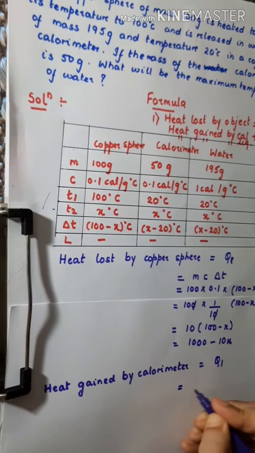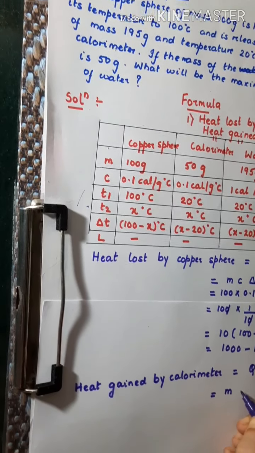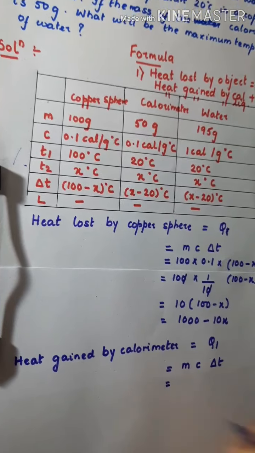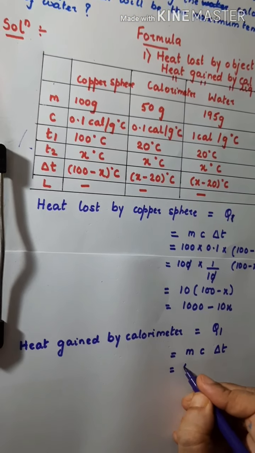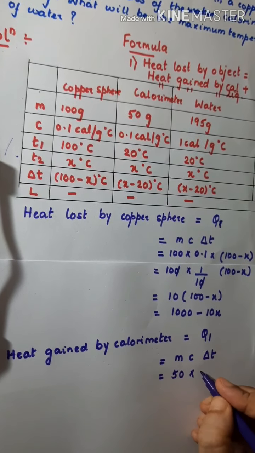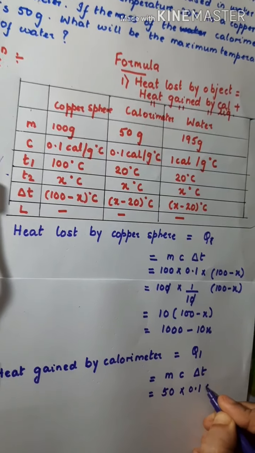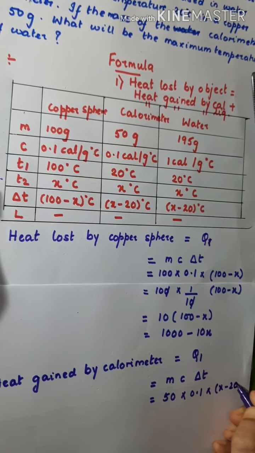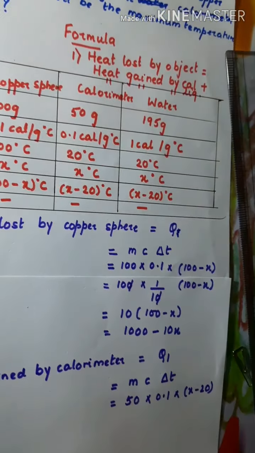So, this is equal to m c again delta T. Simple formula. Now, my mass of the calorimeter is 50. Specific heat is 0.1. Delta T is x minus 20. So, just copy it out from there.